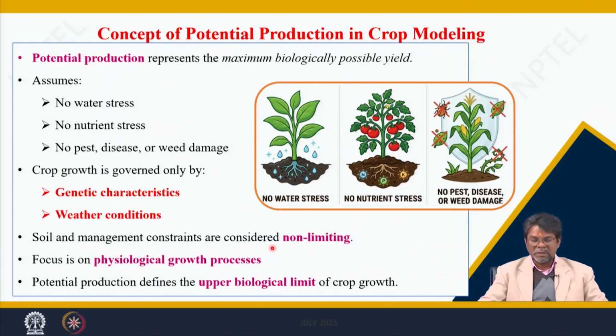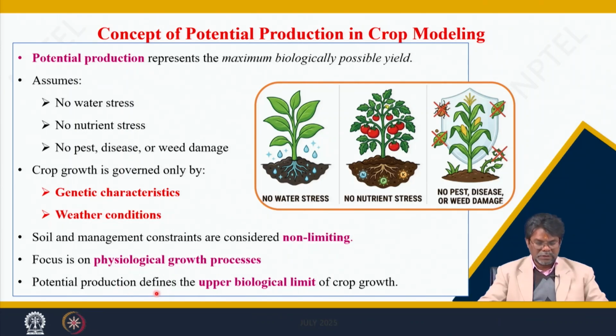In models built for potential production simulations, we do not have modules for the soil or the management. These modules are switched off, as if these were the optimum conditions. The focus is on the physiological growth processes, to exploit the genetic potential of the crop, and how they are influenced by the varying weather parameters.